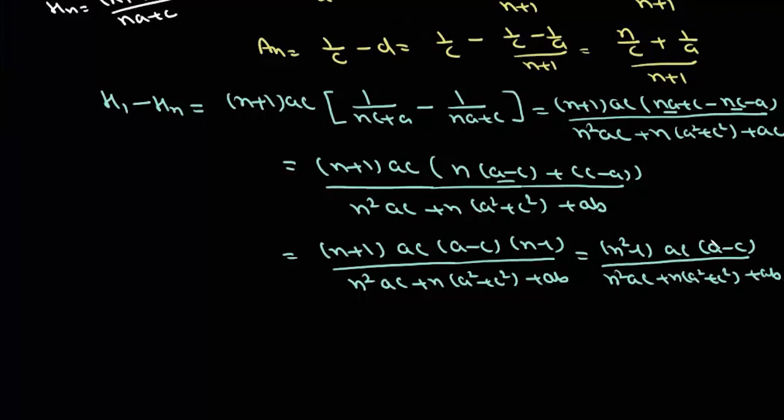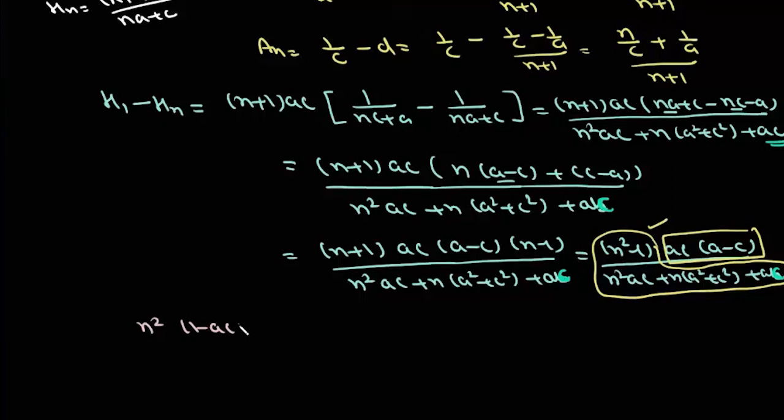Now we need to prove that this value is equal to ac into a minus c, which simply means that the value of this expression must be 1. Now we know that n is a root of this given equation, so we can write n square into 1 minus ac minus n a square plus c square, and then minus 1 plus ac equals 0.